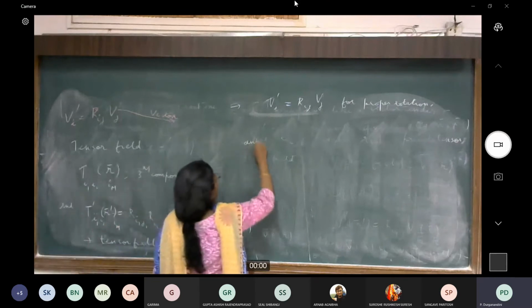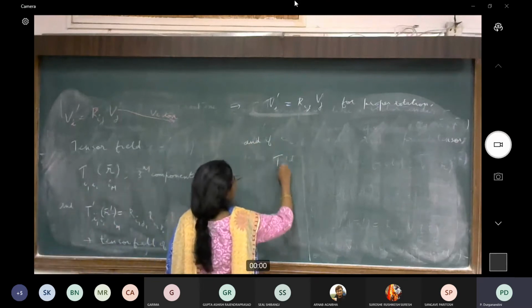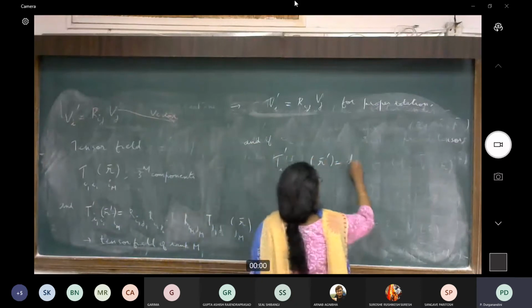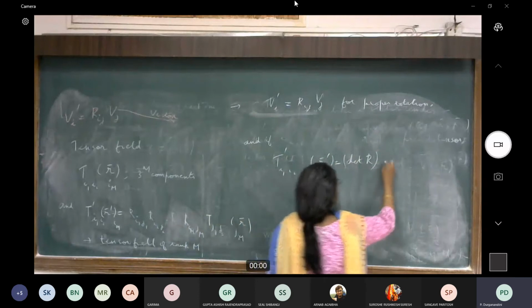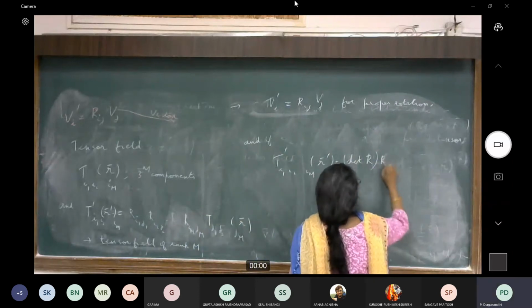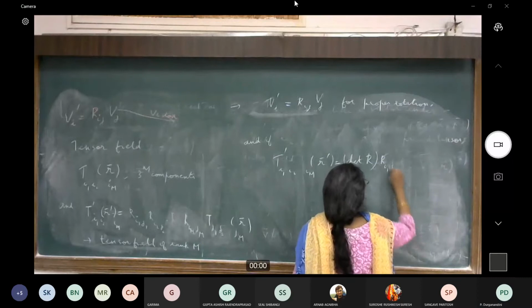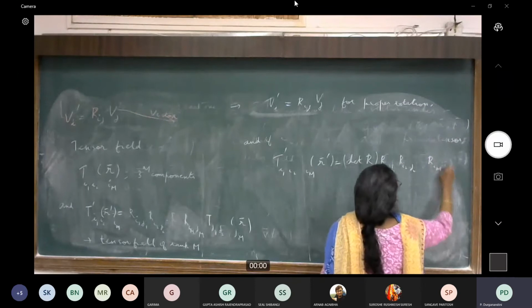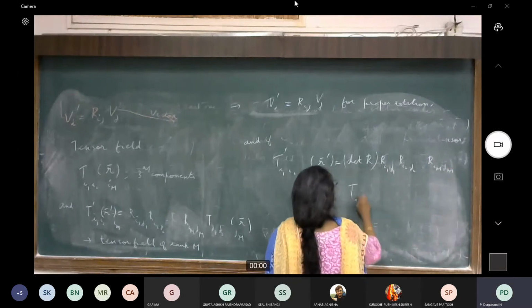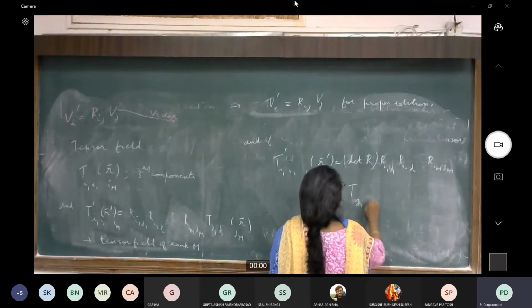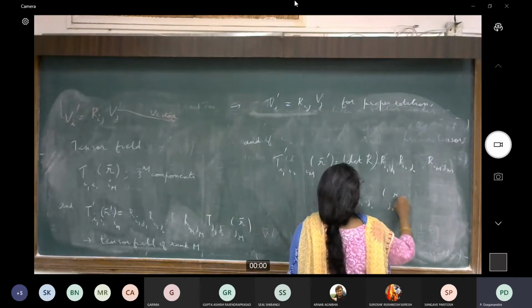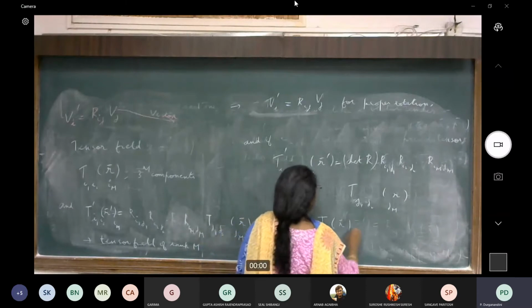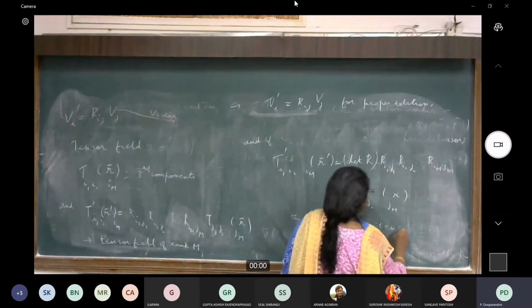And if the transformation properties are like this, then P is called a pseudo tensor field.